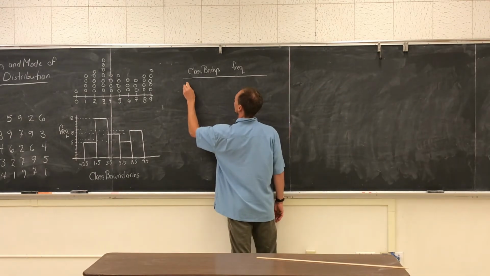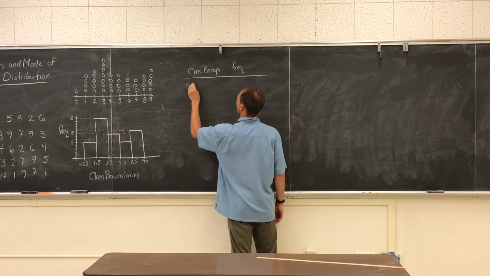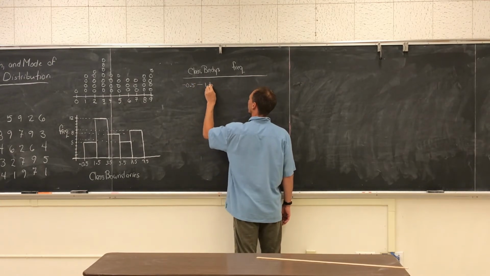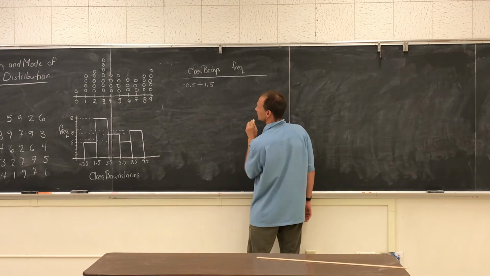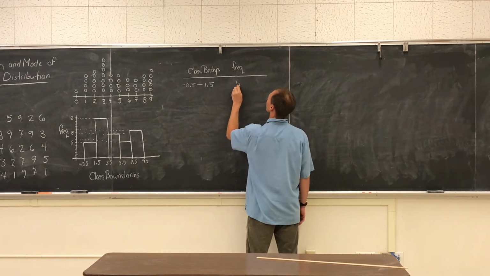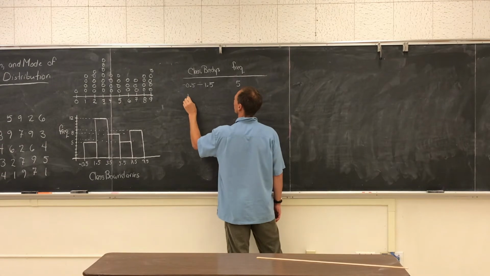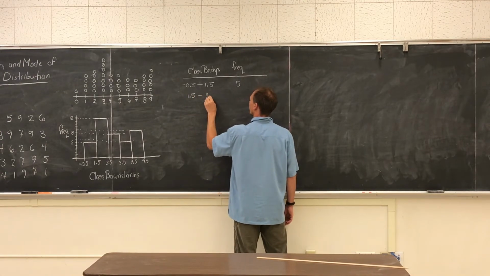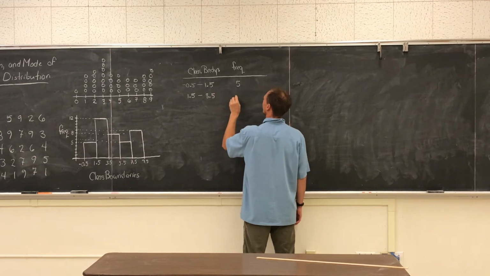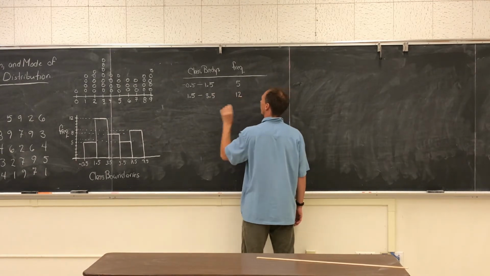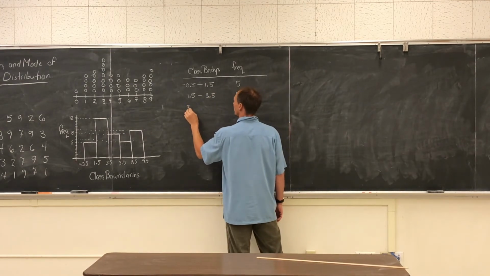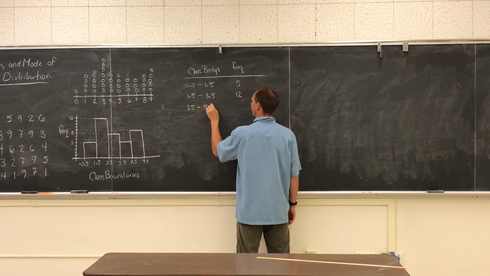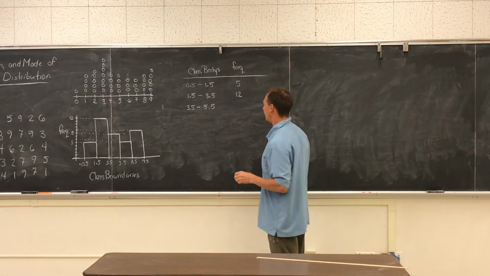So negative 0.5 to 1.5 has a frequency of 5. Our next one goes from 1.5 to 3.5. That had a frequency of 12. Then from 3.5 to 5.5, we had 8.